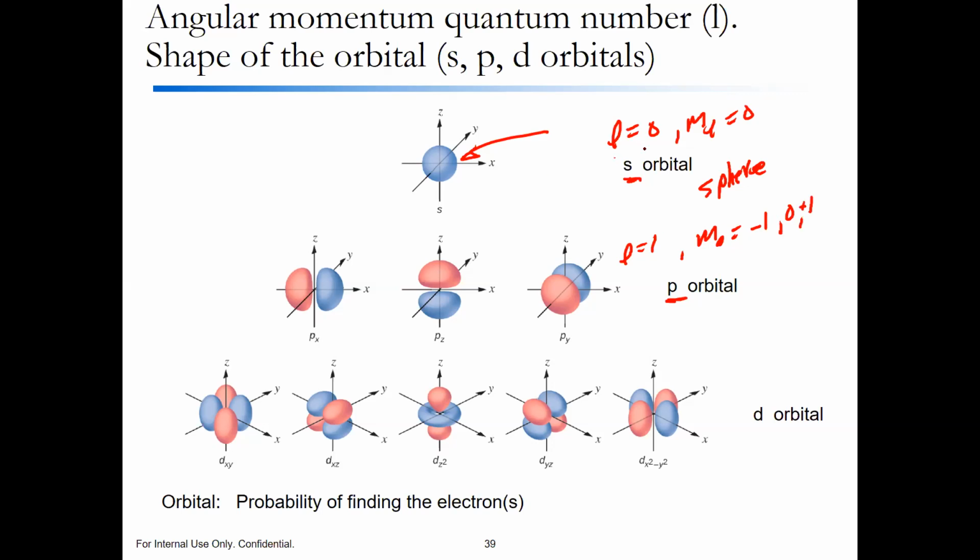Look at this L. When L equals 0, we have an s orbital. Look at the m_L. m_L equals 0. m_L on the bottom equals 3 numbers.